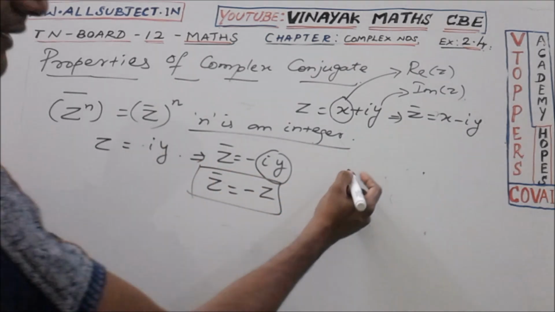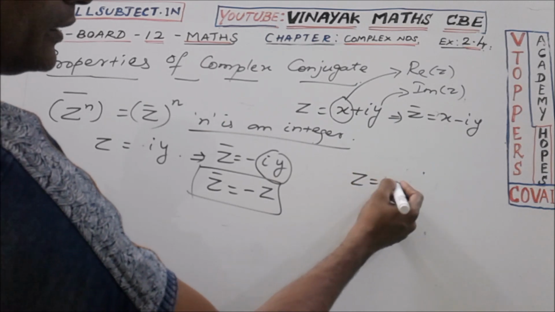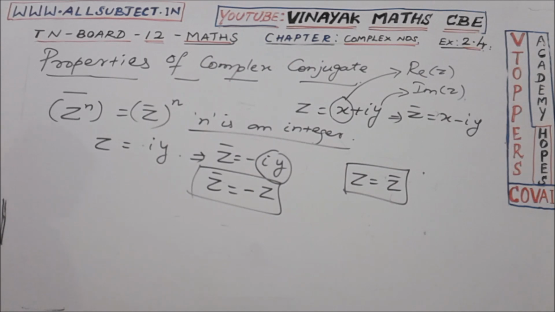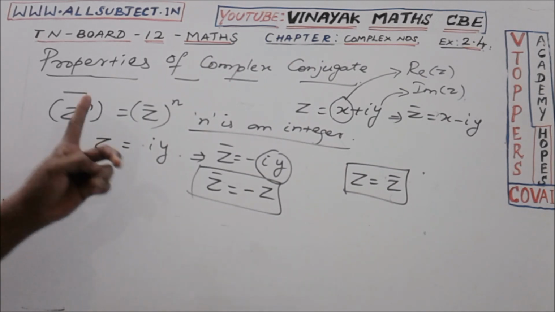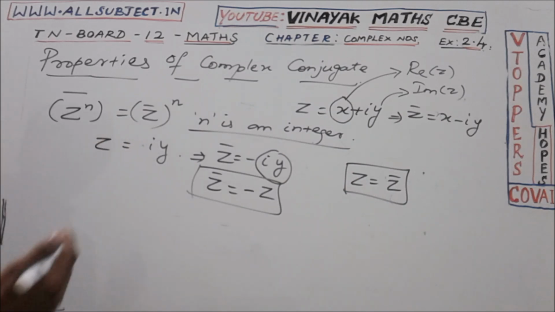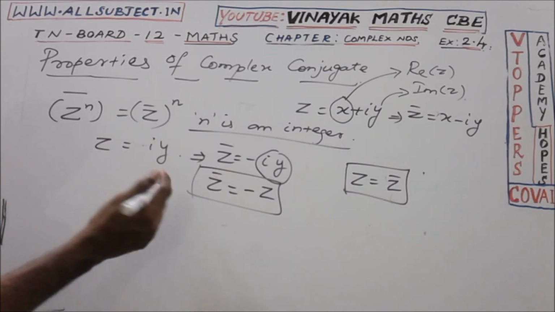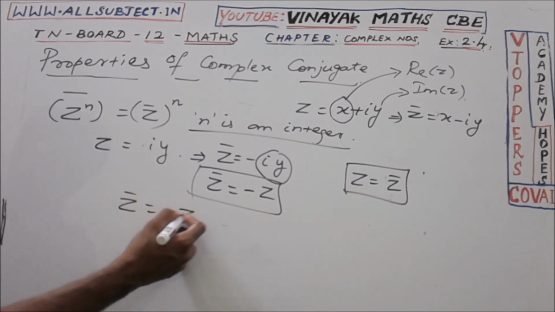One is when Z is real, Z equal to Z bar. The complex number and its conjugate are equal when the complex number contains only a real part. If the complex number is purely imaginary, then its conjugate is equal to minus of the complex number. Z bar equal to minus Z.